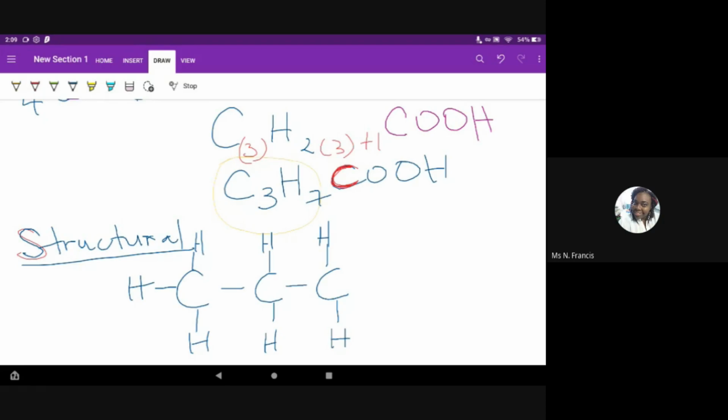Now I'm going to draw the functional group part. C, O, O, H. So look in the line now, ladies. Do you see where we have 4 carbons in the line now? 1, 2, 3, 4.